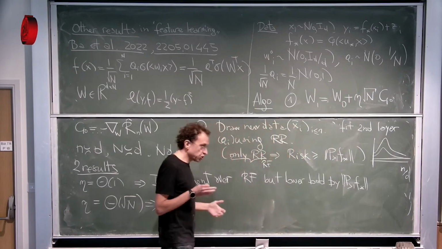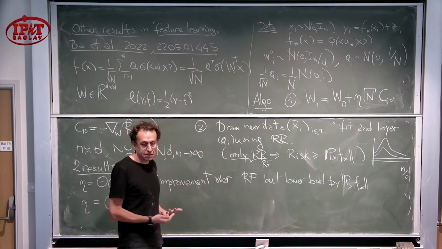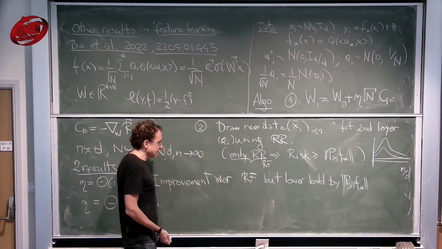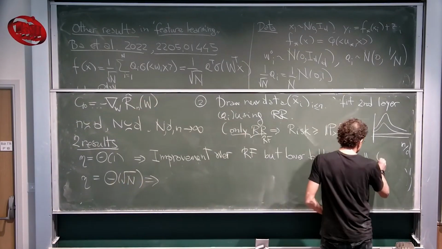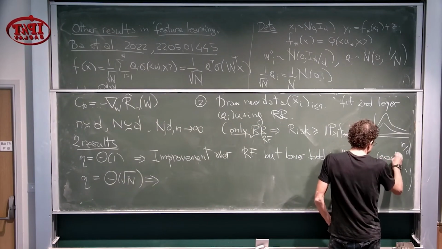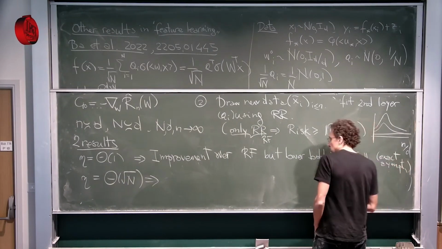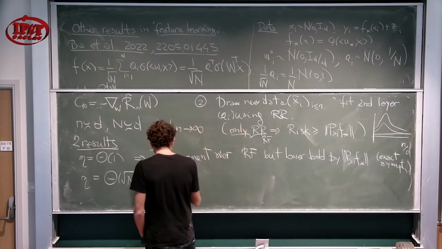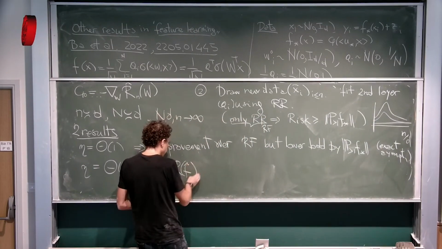So basically you are changing every weight by an amount of the same order as the weight itself. In the first case they get exact asymptotics. In the second they get only a bound, but they get a bound of the form.